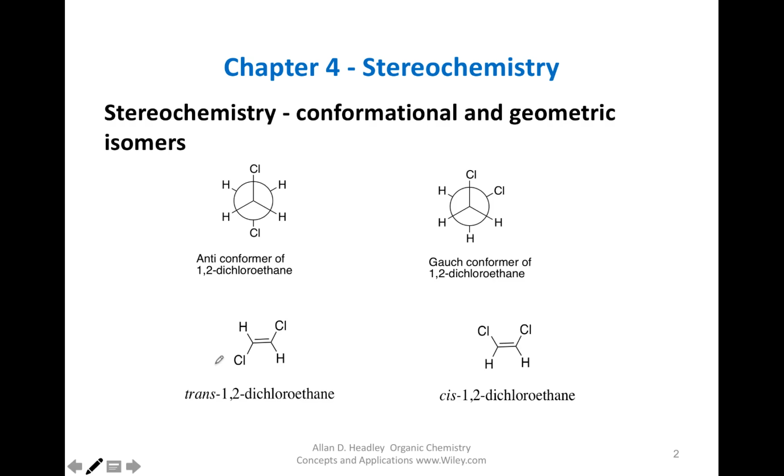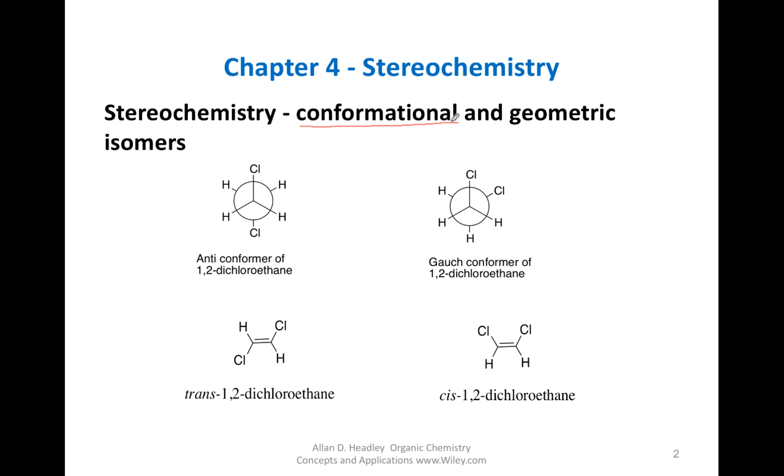Okay, so far the stereochemistry that we have looked at, remember stereo here means orientation in 3D space. The stereochemistry of molecules that we have looked at so far are conformational isomers, sometimes referred to as rotamers.